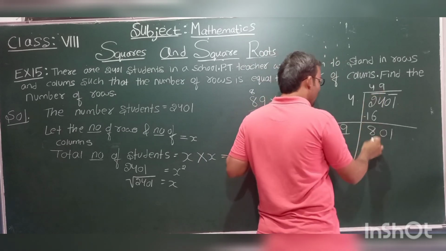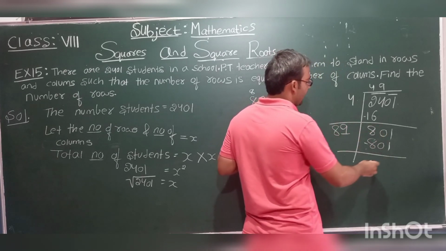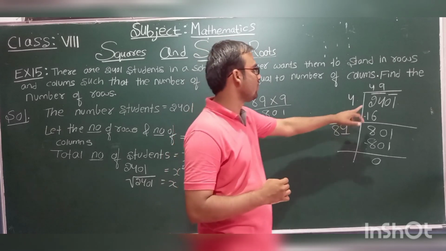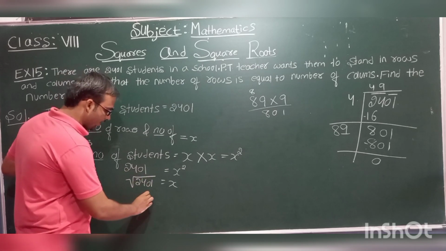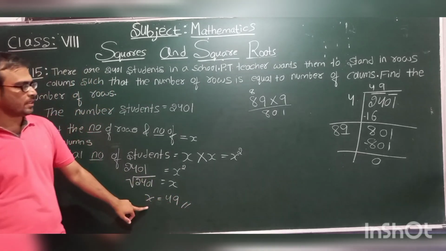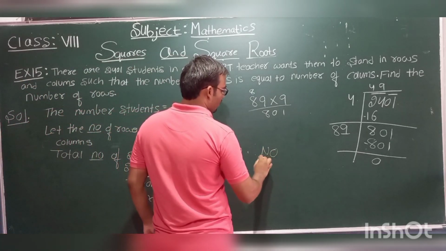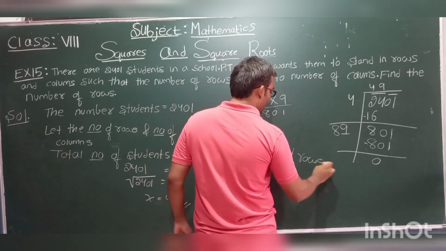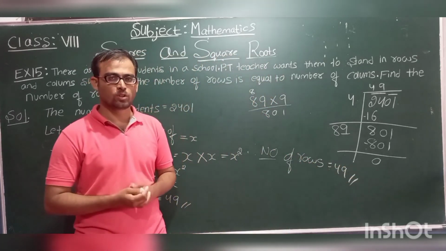So 89 into 9 is 801. 801 minus 801 is 0. So what is the square root of 2401? That is 49. So x equals 49. Therefore, the number of rows is equal to 49.